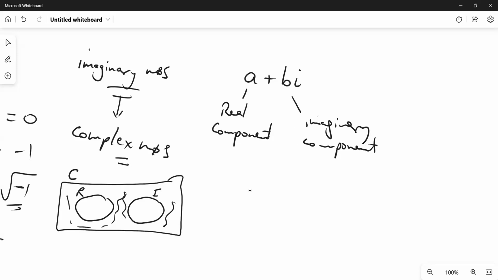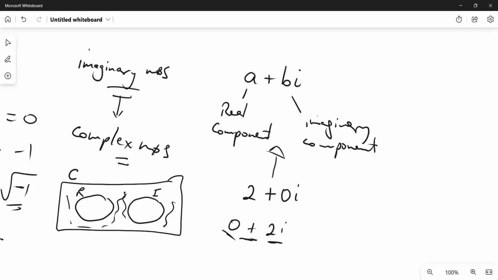So yes, all real numbers, let's say you have a number like 2, even though it's not of this form, it can be written like that. 2 plus 0i. So it does have that form. It's complex, right? An imaginary number, let's say 2i, it's again like 0 plus 2i. It does have that form, where the real part is 0 and the imaginary part is 2i, right?